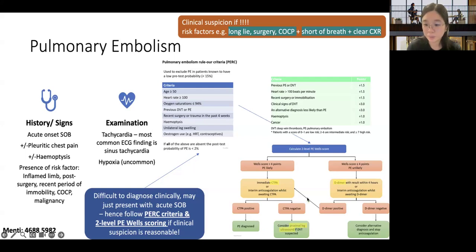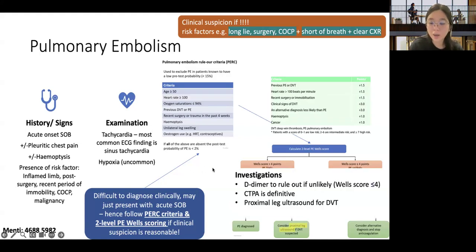And if it is likely, then you would go straight for a CTPA, which is a CT pulmonary angiogram, just to look at the blood vessels in your heart. And if you can't find anything, then you want to do a proximal leg ultrasound, because that's where a blood clot is likely to form in your leg, basically a DVT.